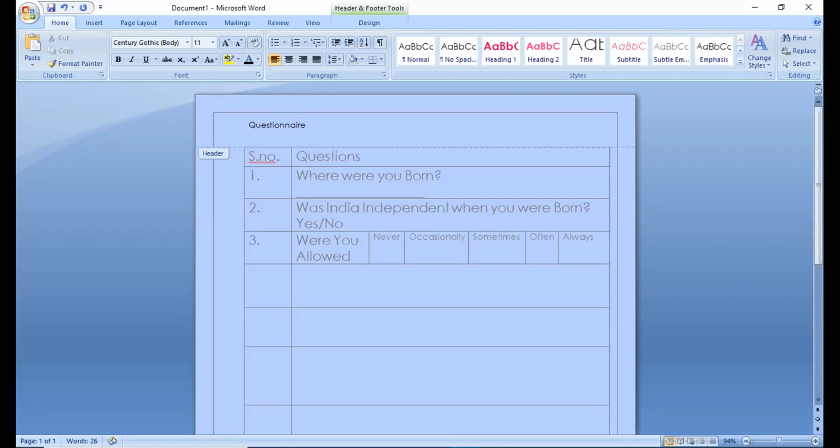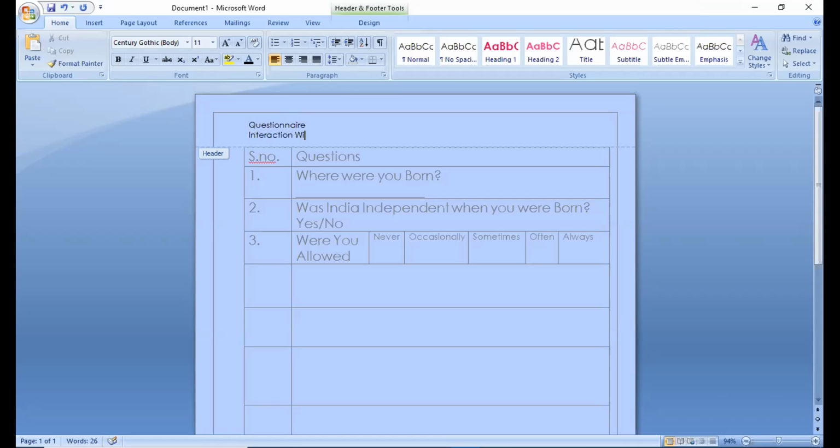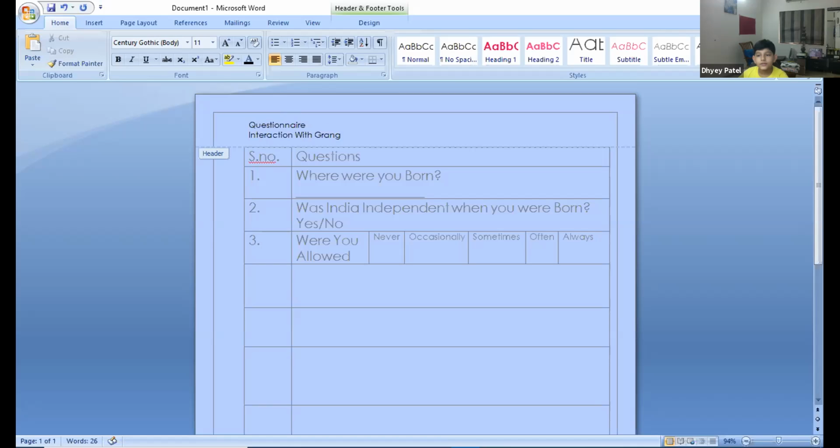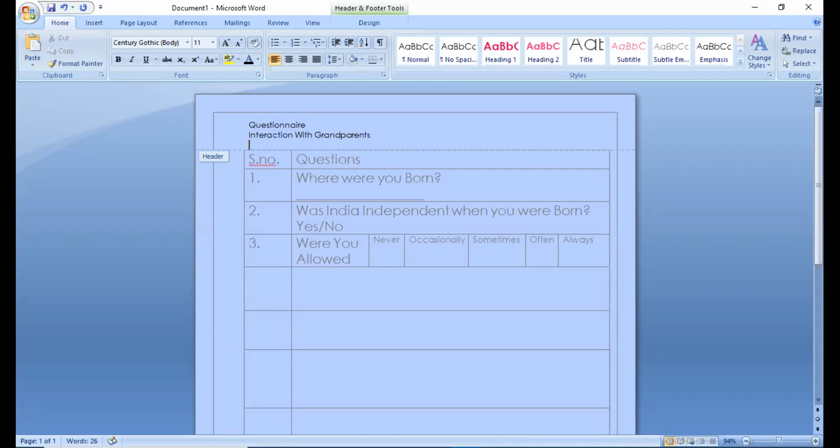Arjun, are you there? I'm unable to see. In the body part, we can style also, no? Interaction with grandparents. I can make this. And what's your title? Grandparents. Hi, Arjun. Arjun, are you there?